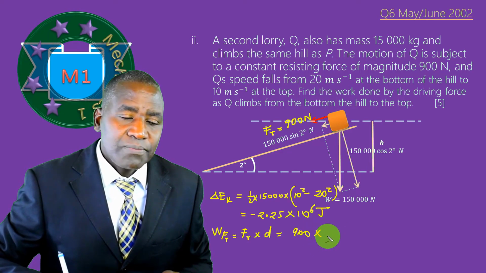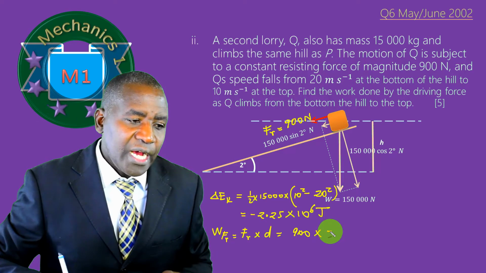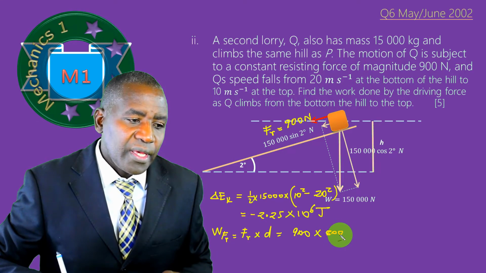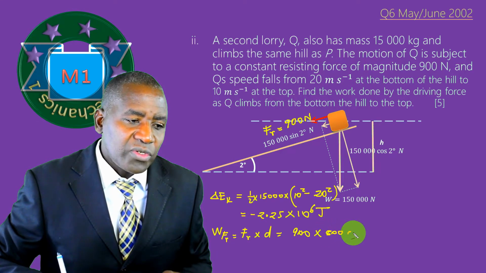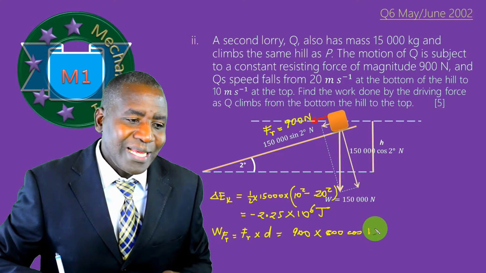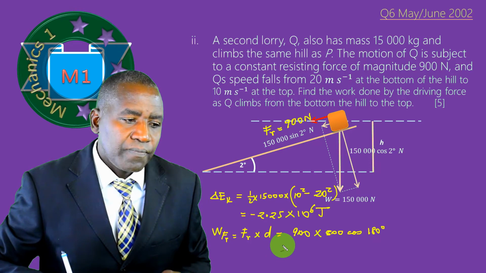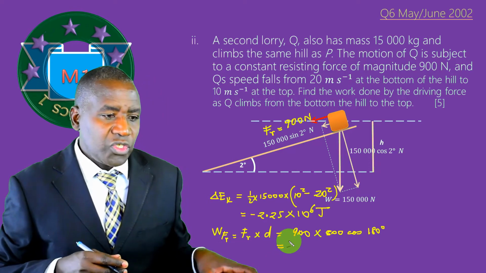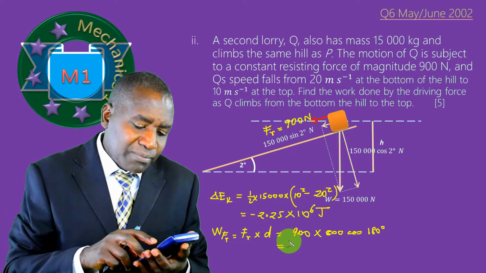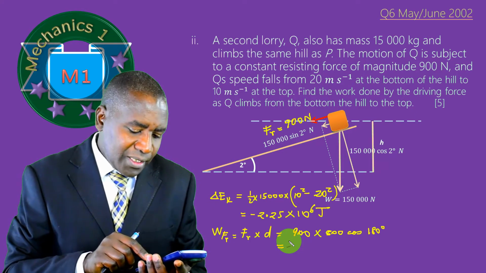times the distance moved, which is 800. And there is a negative sign here because there will be cos 180 degrees, because that is the angle which separates them. And cos 180 is minus 1, so I'm going to forget about that.